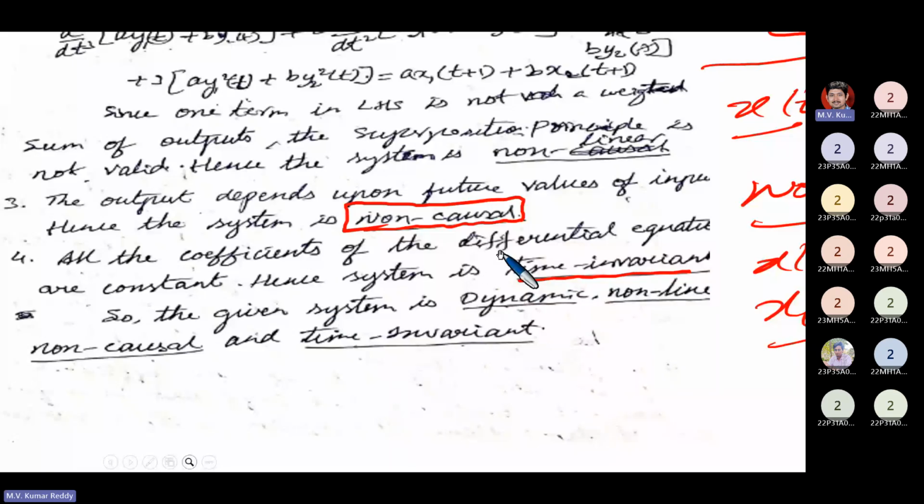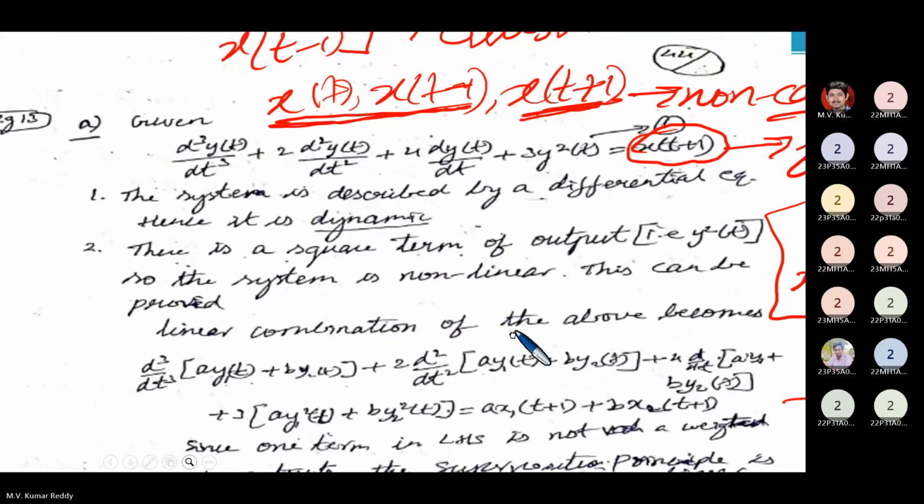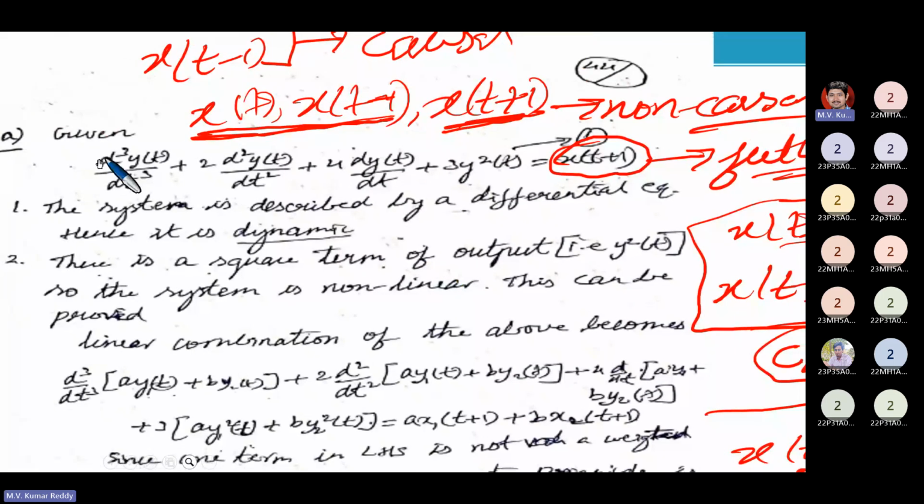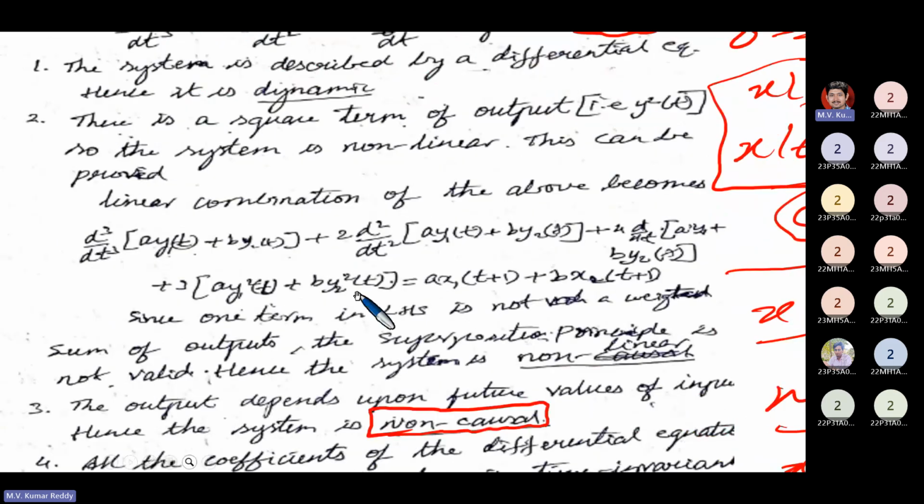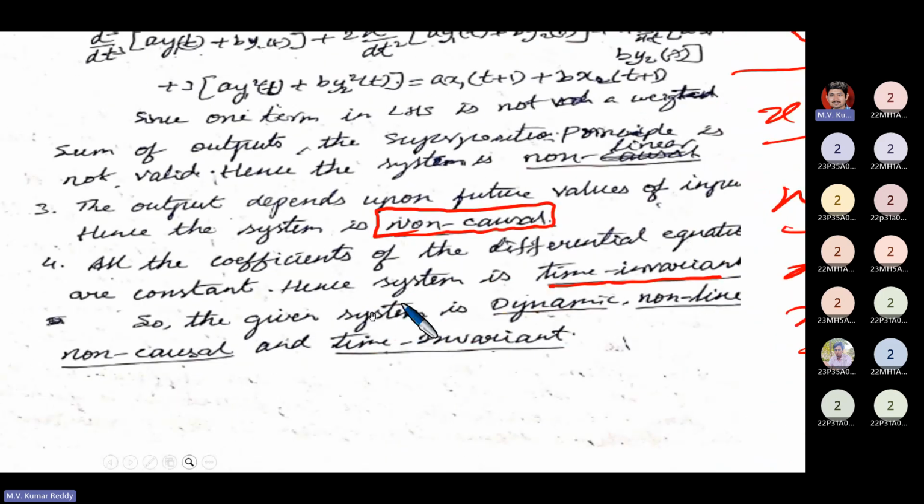Here what are the coefficients? The coefficient of this is 1, of this is 2, for this one 4, for this one 3, for this one 1. So every coefficient is a finite number, so this is called time invariant.